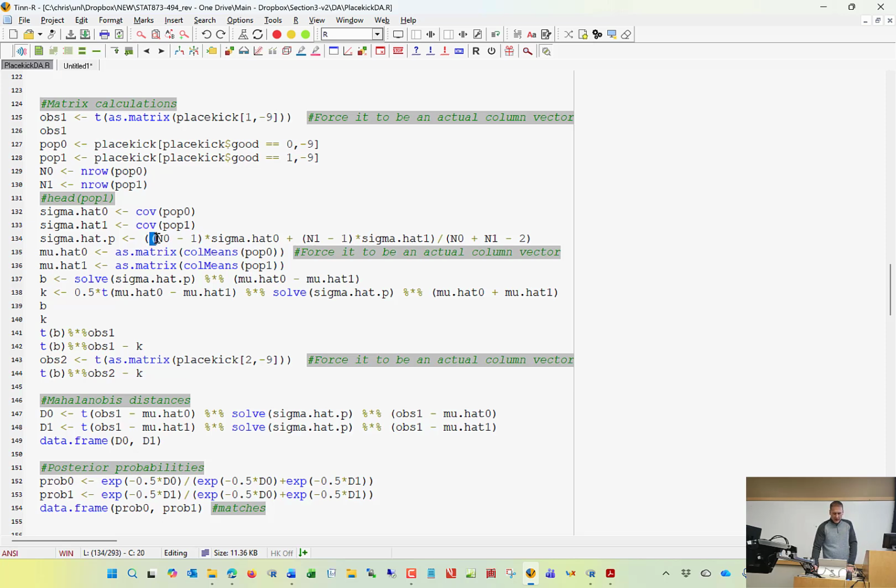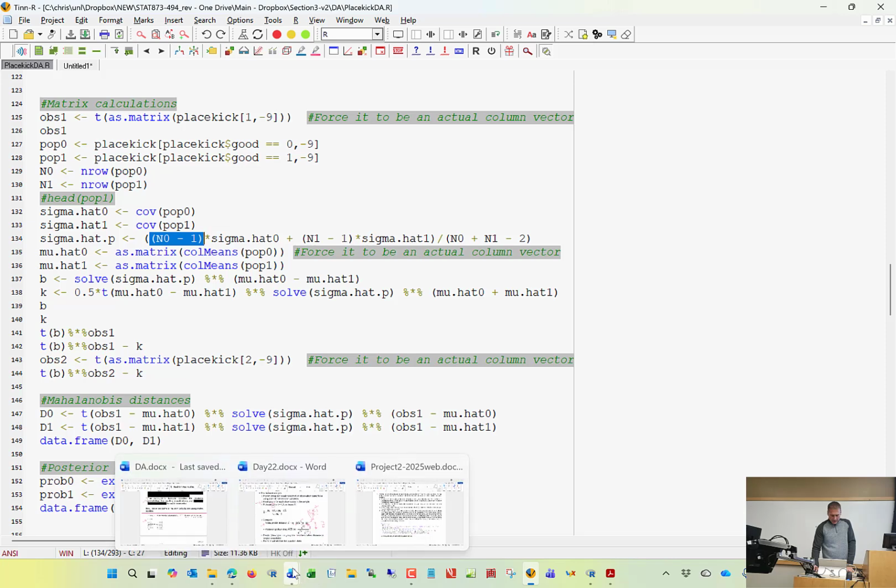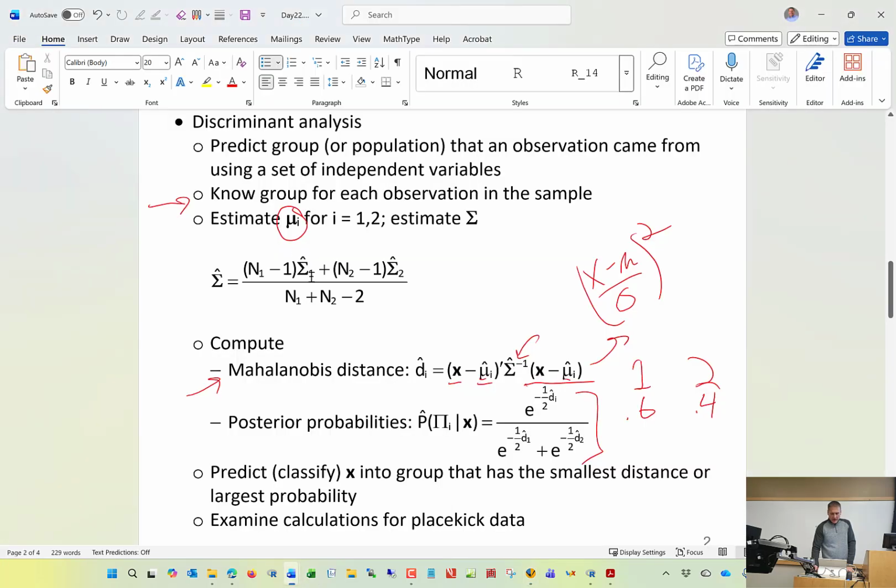And so I just simply write in the formula that we have. Let me just emphasize this. Notice how I have a 1 in a subscript, a 2 in a subscript. In my syntax that I'm using here, I'm using a 0 as the 1, a 1 as the 2, just because it makes sense, because I have good equal 0, good equal 1.